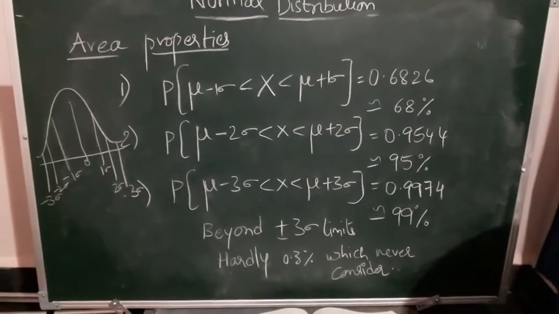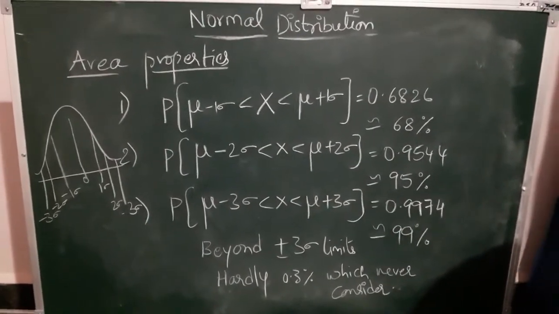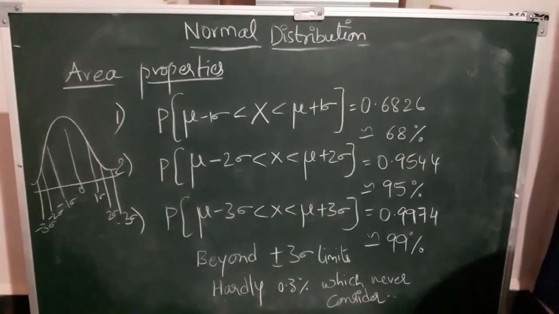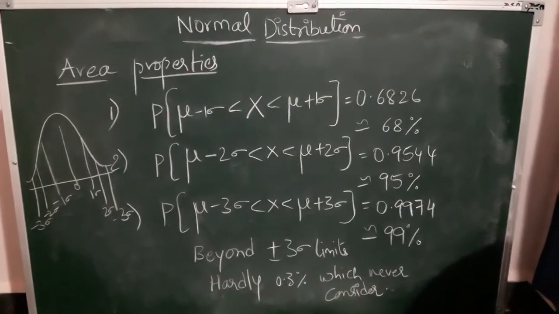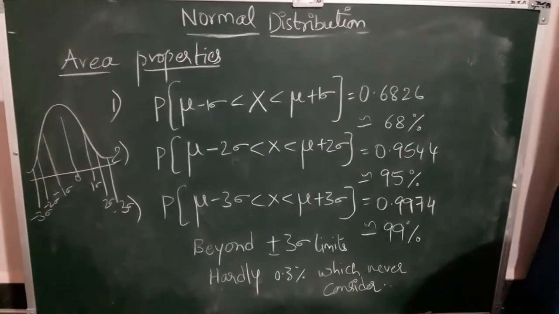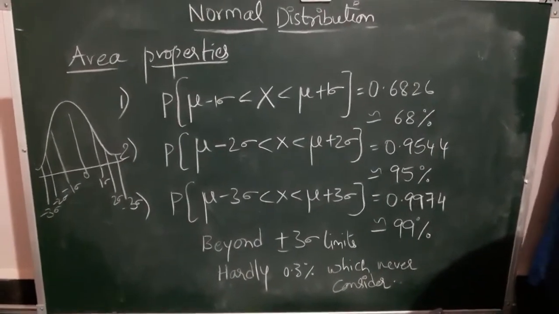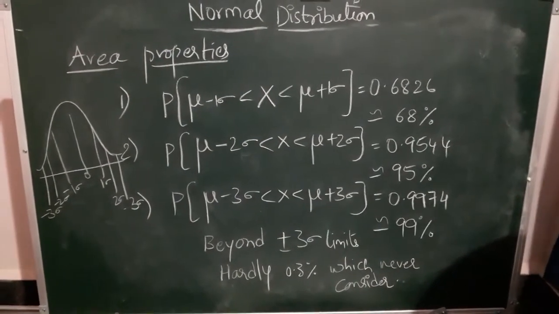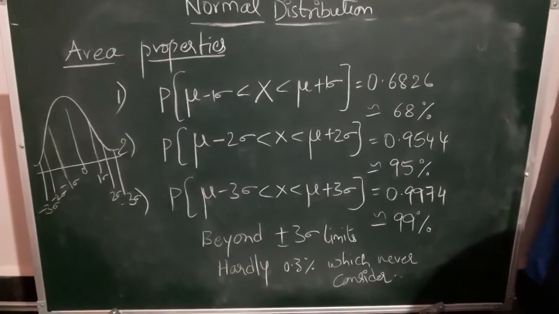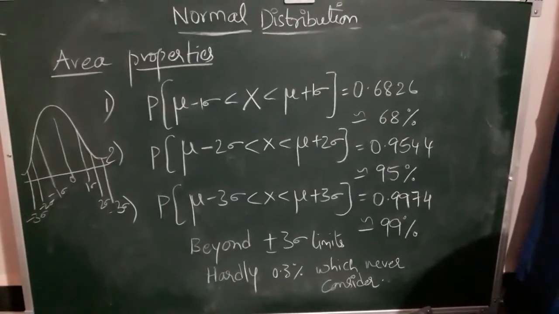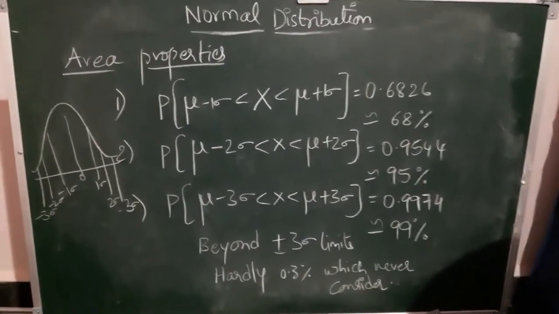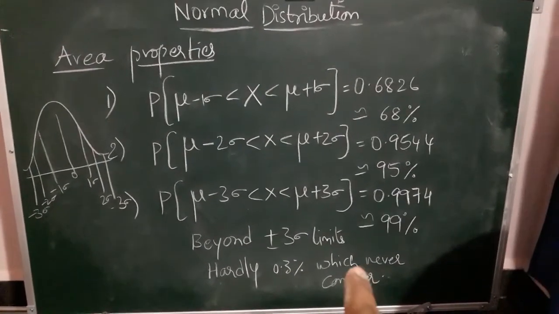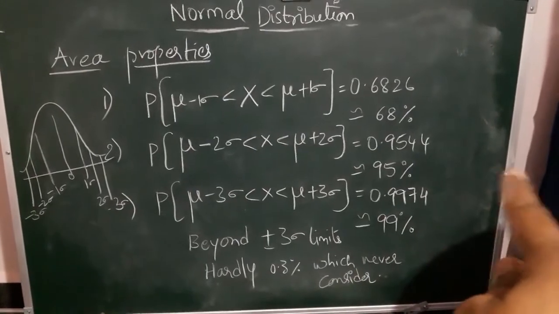Beyond the plus or minus 3 sigma limits, we have hardly 0.3%, which we need not bother about, because 99.7 is in the sense 100 only, it is approximate.